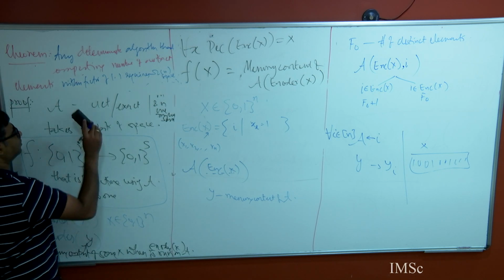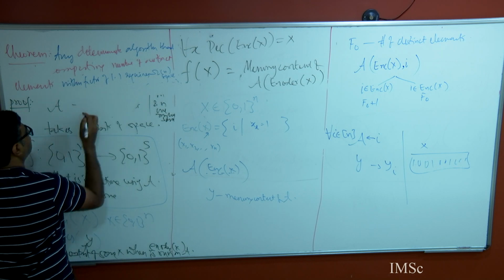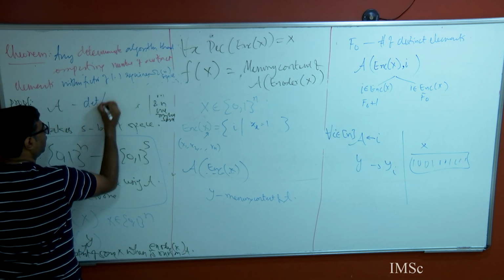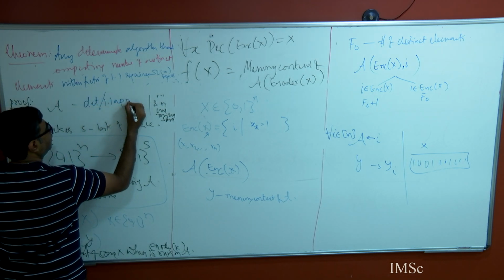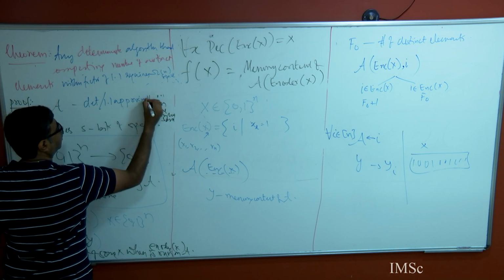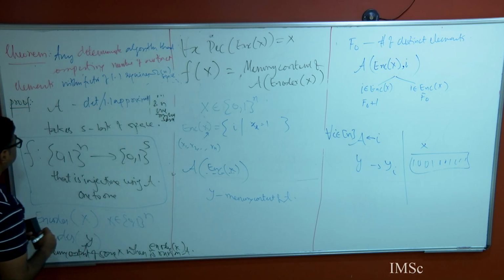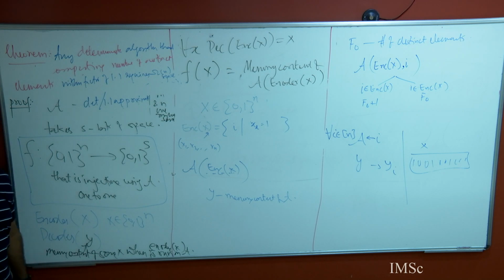So now what is given to us? A deterministic, 1.1 approximate algorithm, and suppose it takes s bits of space.